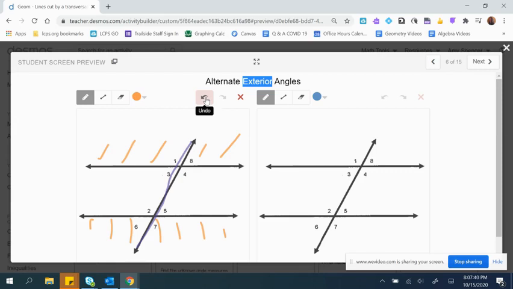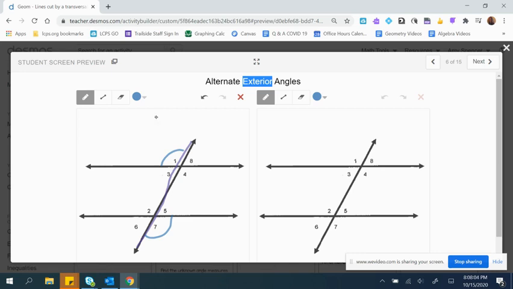And again, alternate exterior angles cannot be adjacent. They have to be not touching. So your alternate exterior angles then would be identified as angle 1 and angle 7. Notice they're both outside of these horizontals. 1's on the left and 7 is on the right.